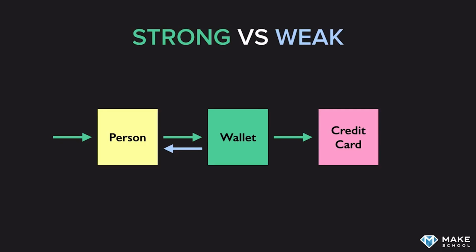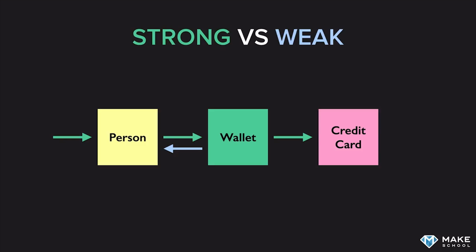You can imagine, for example, a sticker that has the address where the person lives, but the wallet does not own the person. So therefore, the connection between wallet and person is a weak reference. The person, however, does own the wallet, and therefore we have a strong reference. The wallet also additionally owns a credit card, and therefore we have another strong reference between the wallet and the credit card.